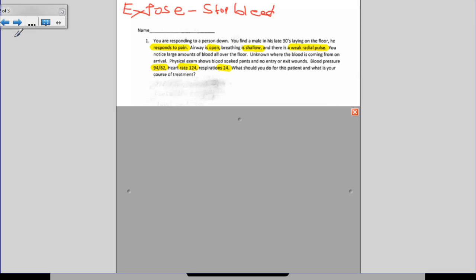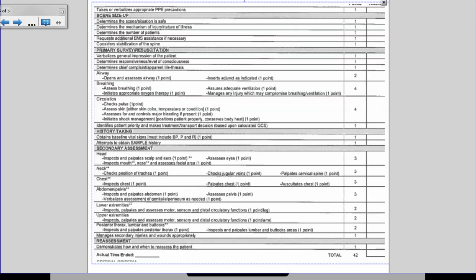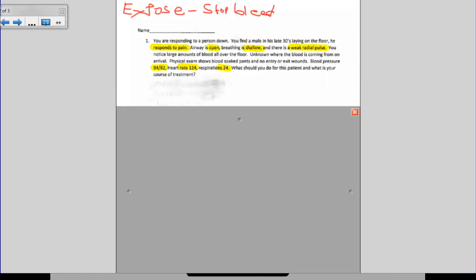In this case, we have an airway that is open. We like that, and that's good. Breathing. We've said it a million, billion, trillion times. What does it tell you about the breathing here? That it is shallow. Shallow means it's inadequate. That's inadequate breathing all day long. So we are going to have to provide positive pressure ventilation. The airway is open in this case.